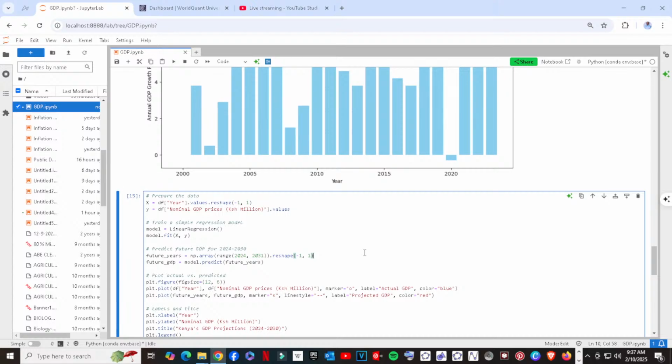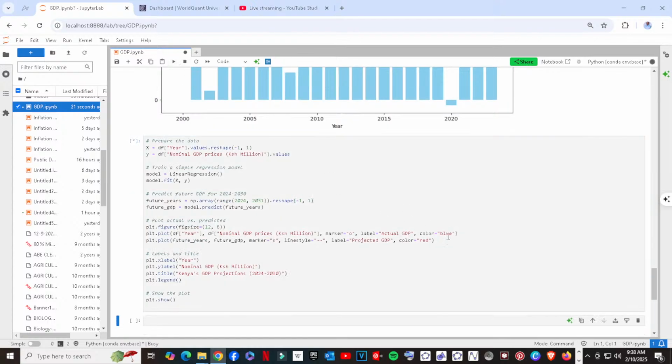This is possible because after we have seen the trend, we just need to fit what we refer to as a line of best fit. And by fitting that line, it will give us, averagely, what we expect the GDP to look like. So I'll do that.